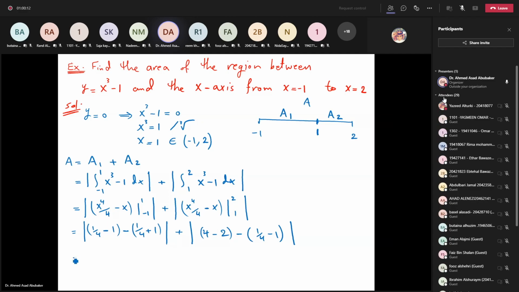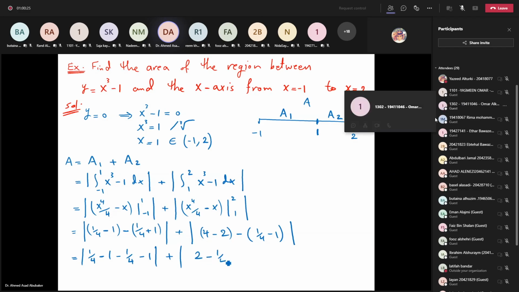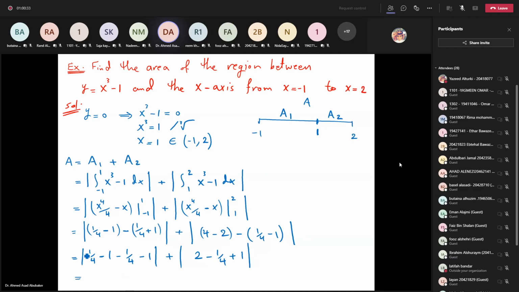Now we have 1 over 4 minus 1 minus (1 over 4 plus 1) plus 4 minus 2, which is 2, minus 1 over 4 plus 1. In the first area, we remove this one with this one.